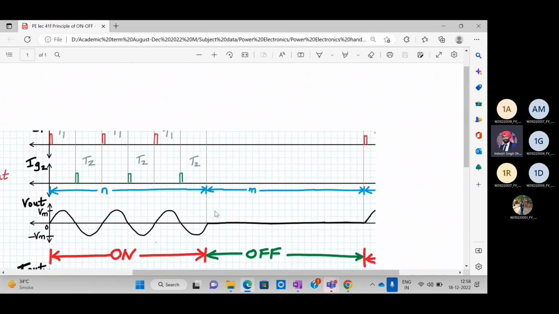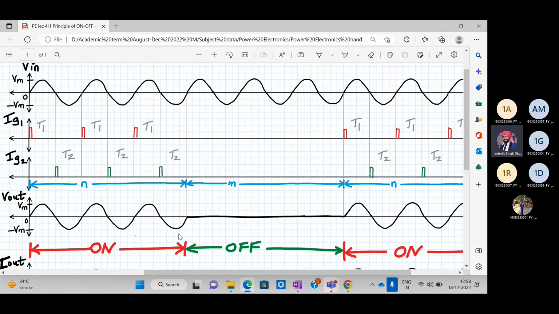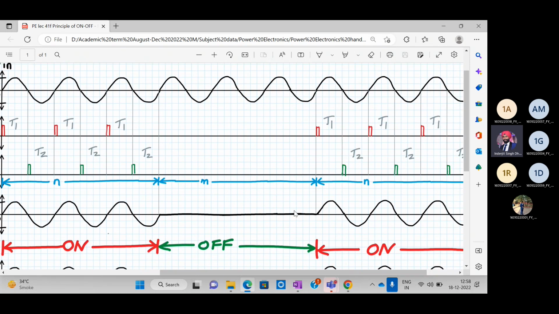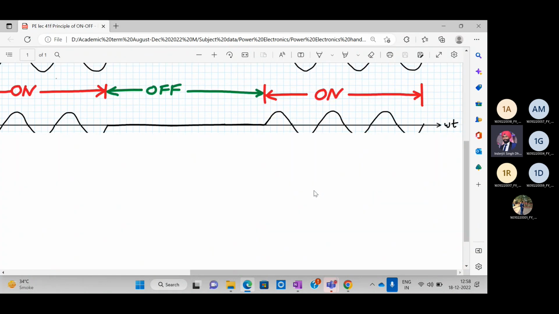So from period 0 to this N, we can call it an on period, whenever both the SCRs are conducting. Then there is an off period equal to M, and there is again an on period equal to N. This is how alternatively we can turn it on and off for some applications.